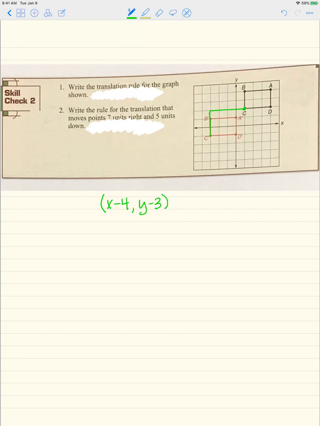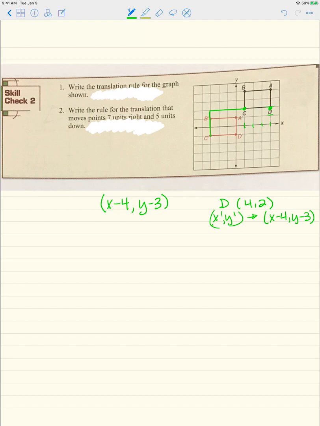y minus 3. Let's check to make sure we've done this correctly with point D. What are the coordinate points of point D? 1, 2, 3, 4, 1, 2. So D is at 4, 2. Let's follow our rule that says x prime, y prime should be x minus 4, y minus 3.